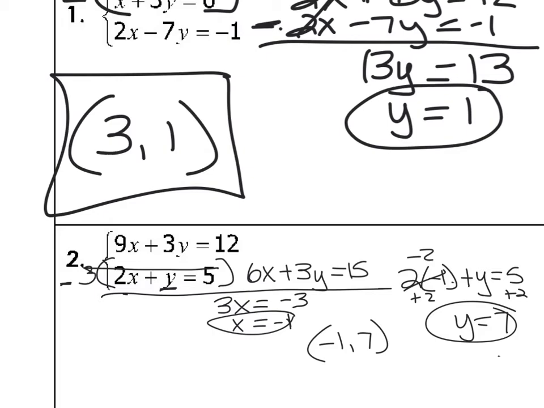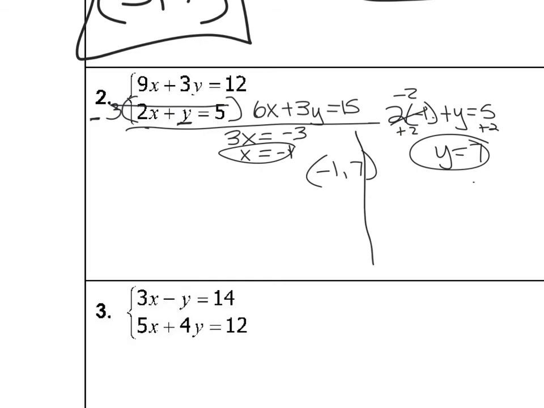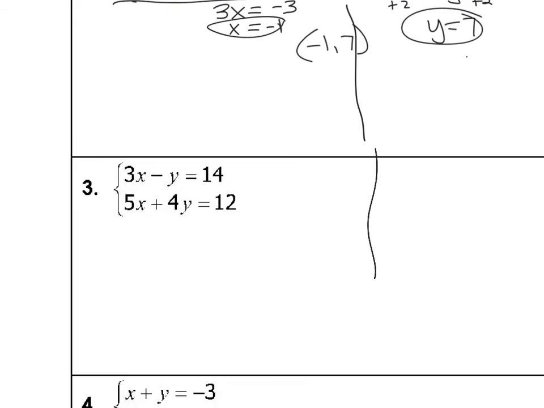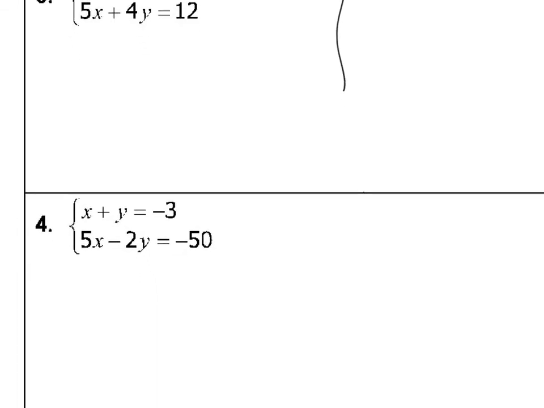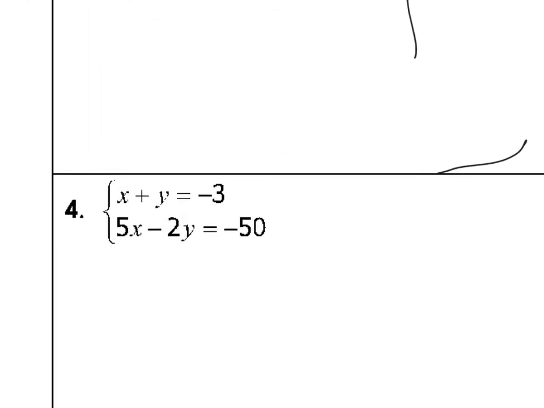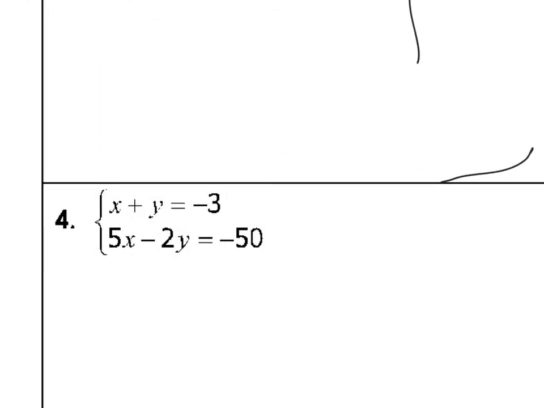All right, let's go down to number 5. I can do 2 different things. If I've got 1 and 5 or 1 and negative 2, you can multiply the first equation by 5, or you can multiply the first equation by negative 2.